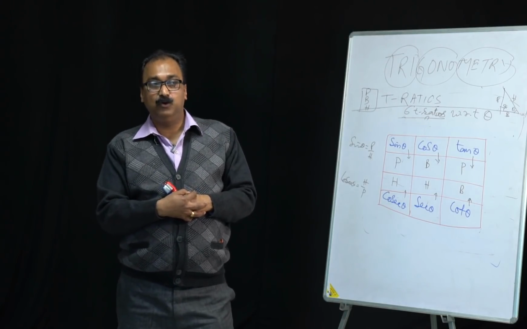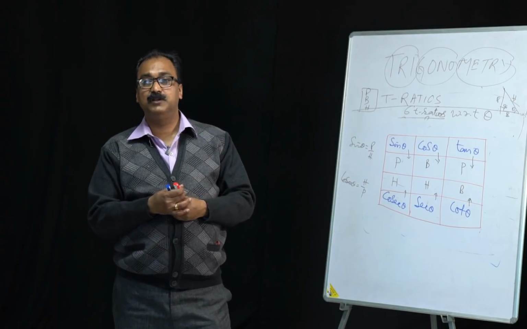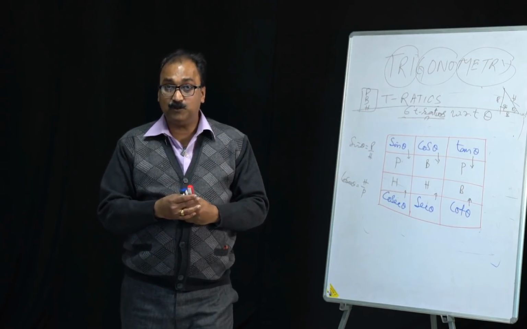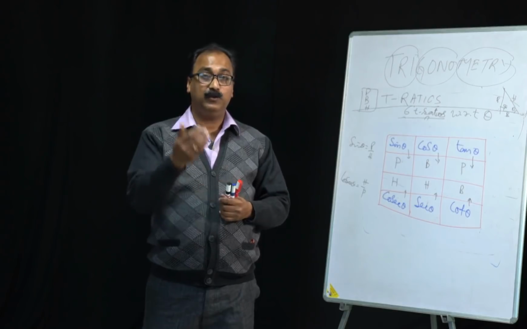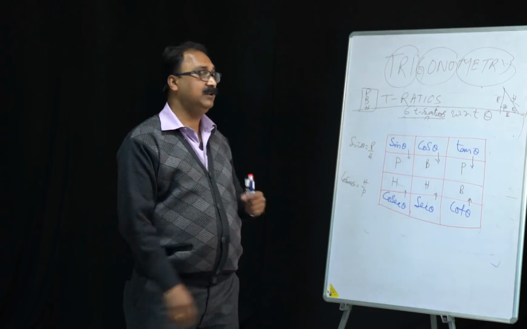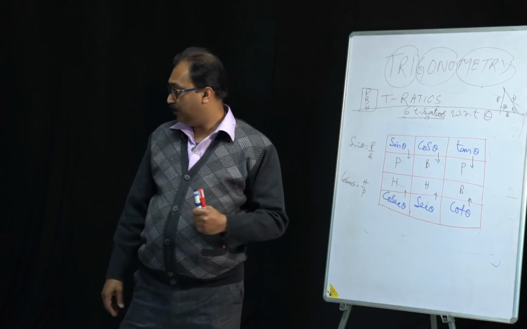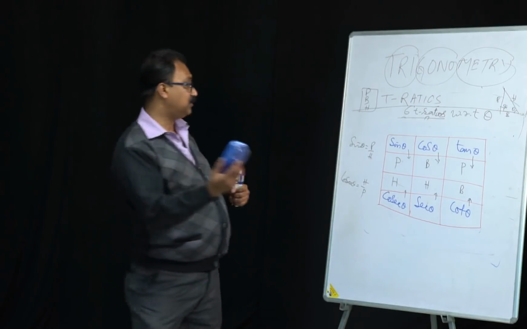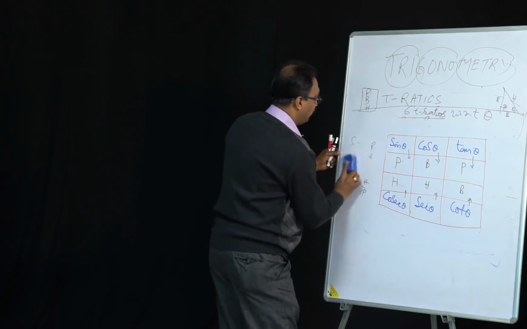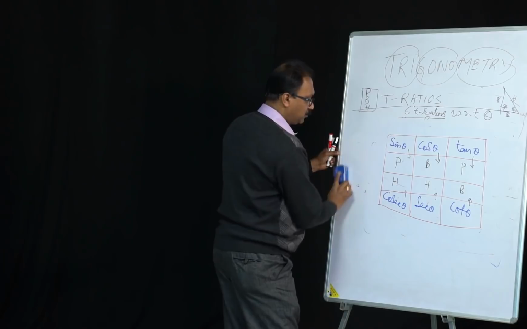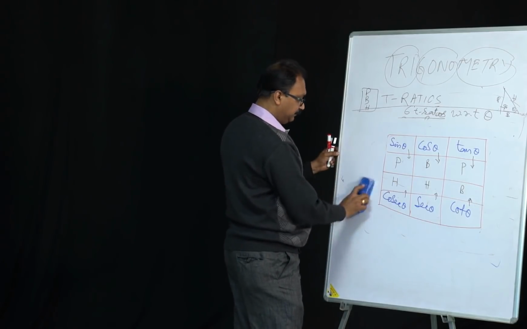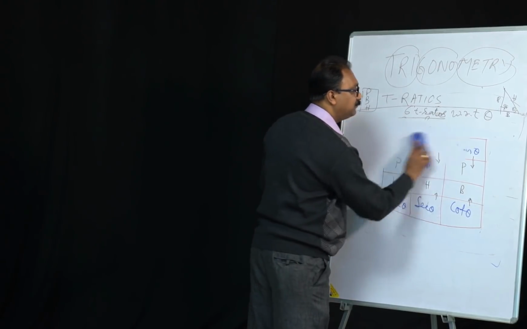You know one mathematician Pythagoras who developed one theorem. According to that theorem, we have to solve some questions relating to trigonometric ratios. So first I will focus on what the Pythagoras theorem is. One second, I'll remind you.